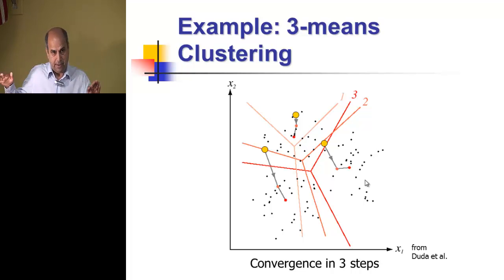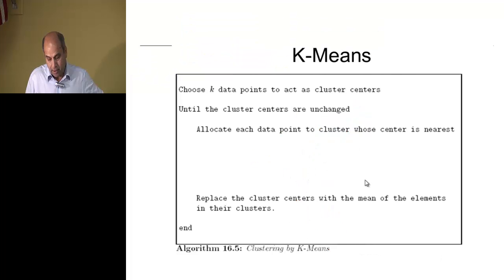Okay, there are lots of methods which are more complicated, maybe they will work a little better, but this is very intuitive. So the algorithm is: we have the data points, we choose K data points to act as cluster centers, as I explained to you, and we repeat this until the clusters do not change. If you keep repeating and nothing changes, then we stop.